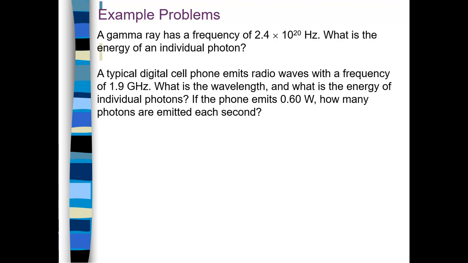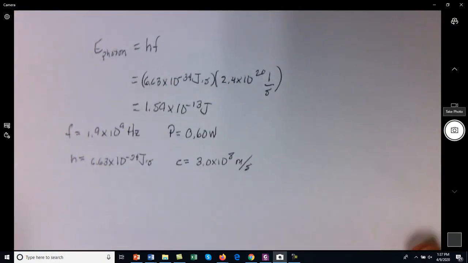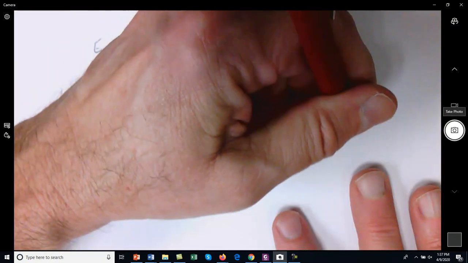And the speed of light, c, is 3.0 times 10 to the 8th meters per second. Okay, so we switch over to our document camera. Got all the constants written out here for this new problem.